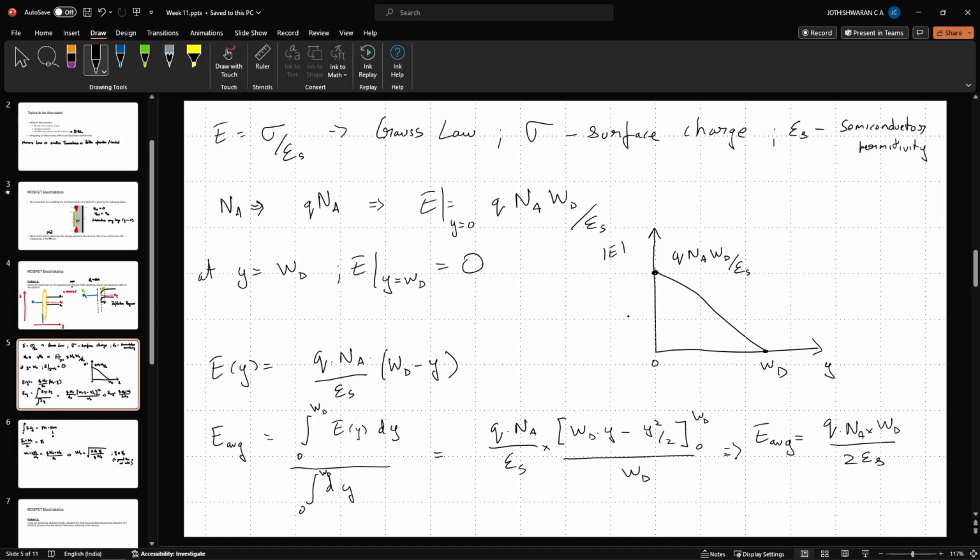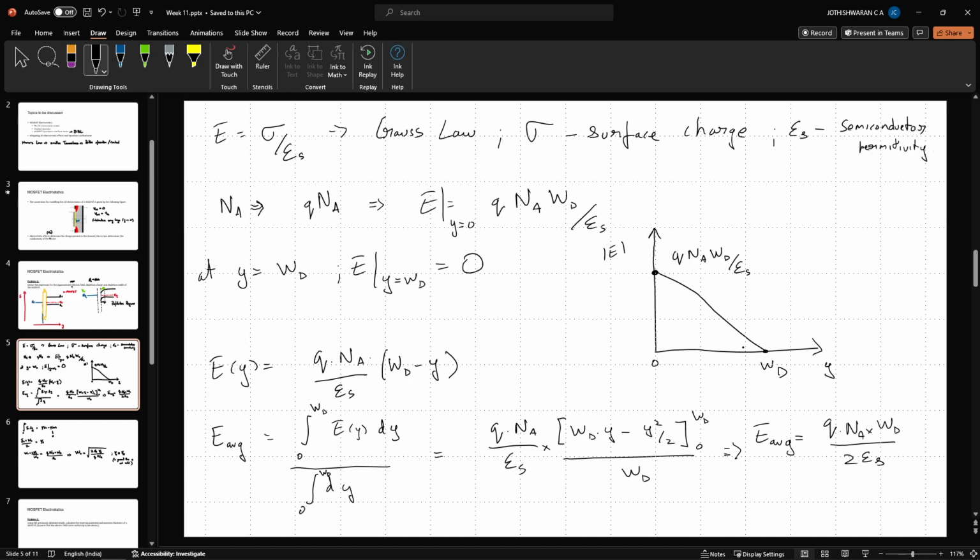Okay, so we know the width now, and we know that the electric field is varying linearly. Since the electric field is varying linearly, and of course I'm assuming Na is the doping throughout the substrate, I can tell that the static charge formed by the electrons supplied by the gate electrode also varies linearly.